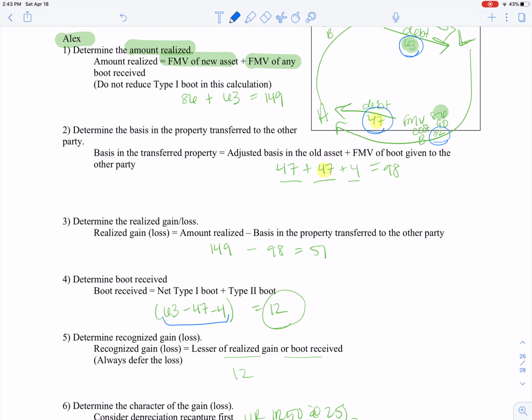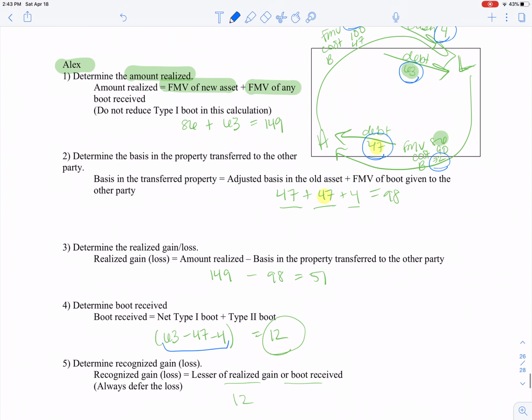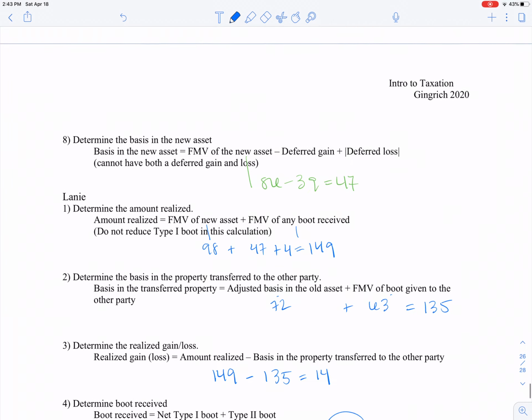So 63 minus 47 minus 4, because we were looking at Alex's perspective and he was receiving 63 in debt relief. But he was taking on 47 of debt. So those are netting together. And then we subtract off the 4 to get 12.